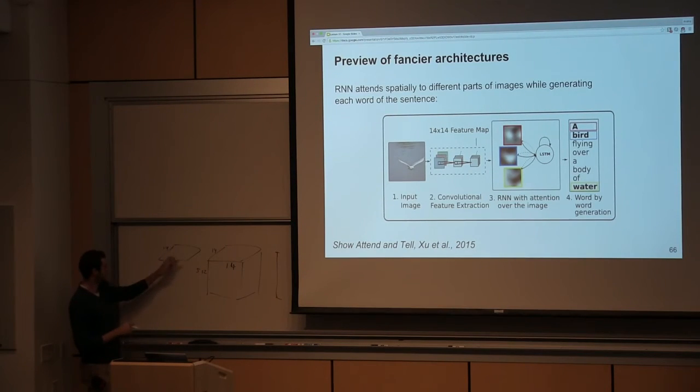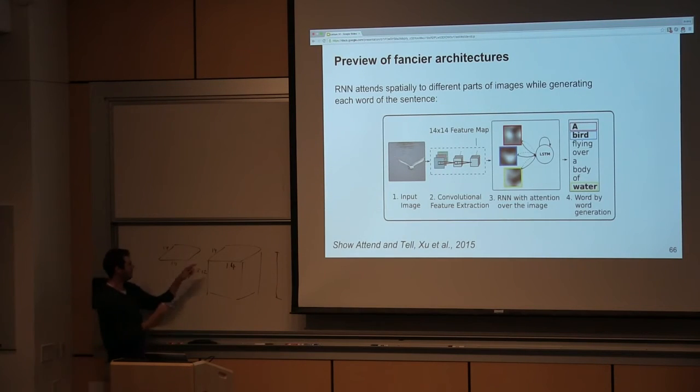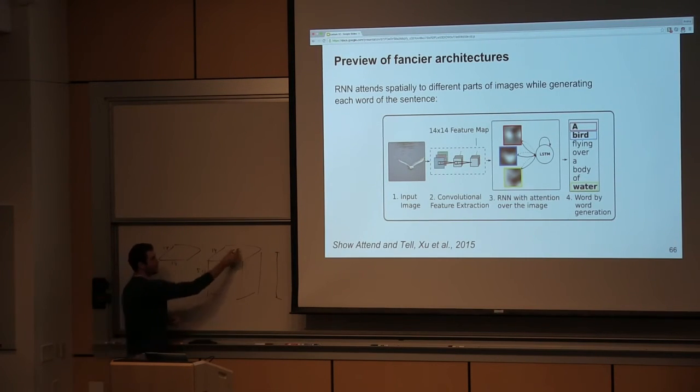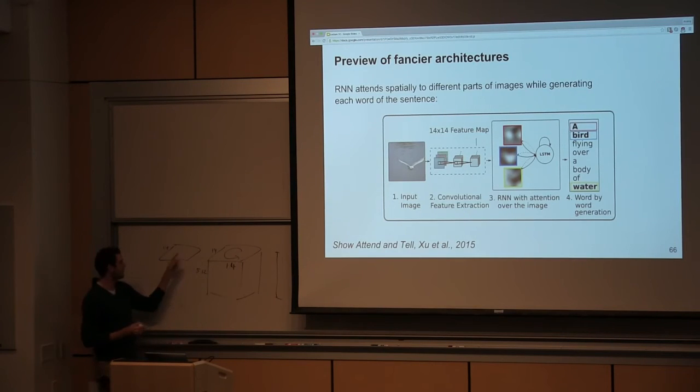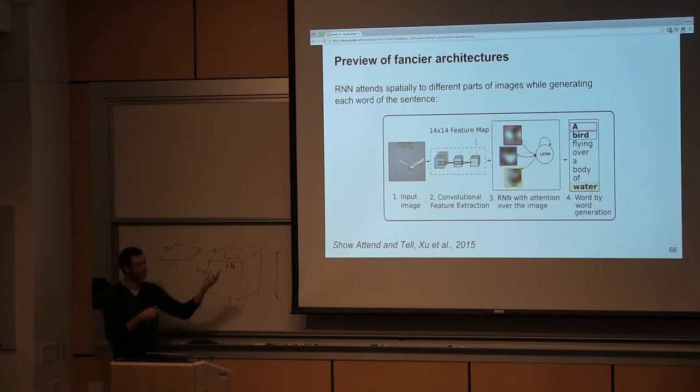It's a 14 by 14 probability map over what's interesting for the RNN right now in the image. Then we use this probability mask to do a weighted sum of these guys with this saliency. So this RNN can emit these vectors of what it thinks is currently interesting for it, and you end up doing a weighted sum of different kinds of features that the RNN wants to look at this point in time.